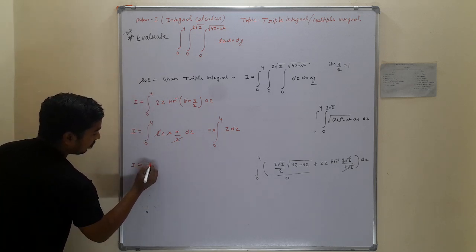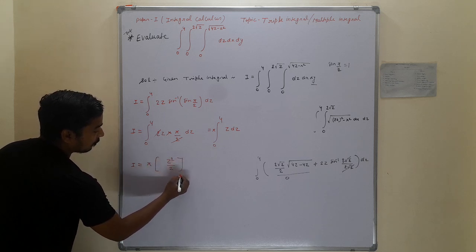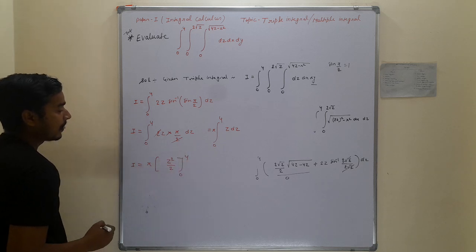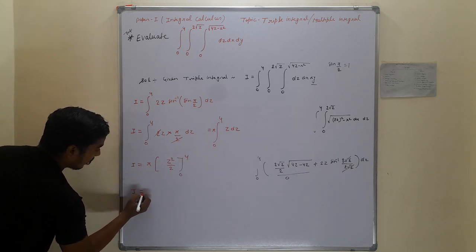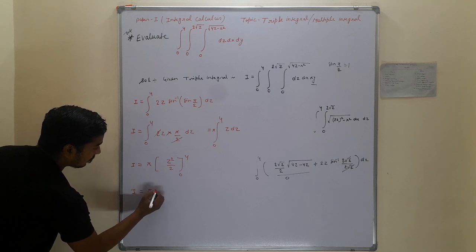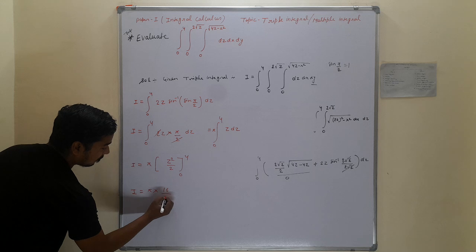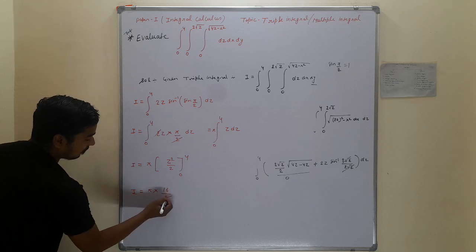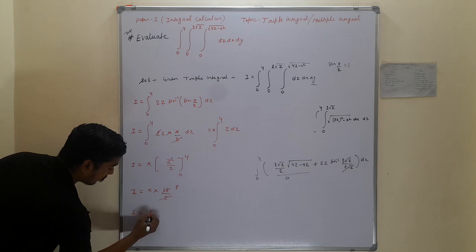I equals pi times the integral of z dz, which is z square by 2, with limit 0 to 4. Applying the upper limit, I equals pi into 16 upon 2, and cancelling, 2 eights are 16, we get I equals 8 pi.